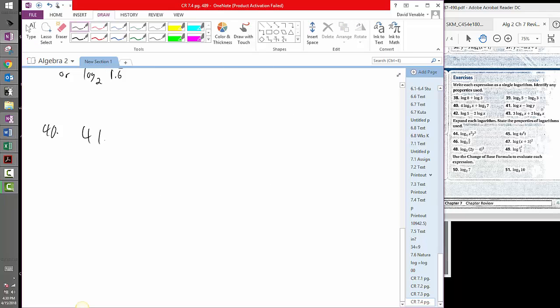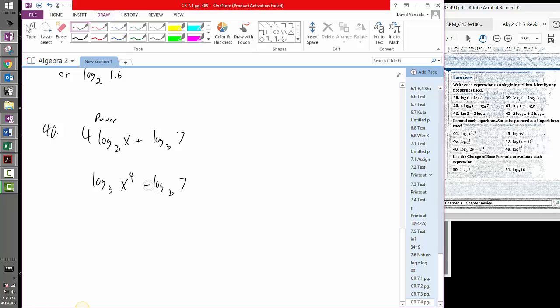We have 4 times log base 3 of x plus log base 3 of 7. Now here I'm going to use the power property right here to move this 4 up back here. So this is log base 3 of x to the 4th plus log base 3 of 7.